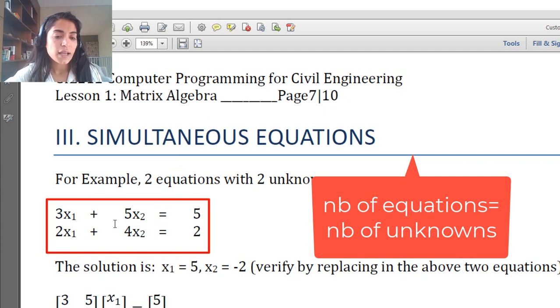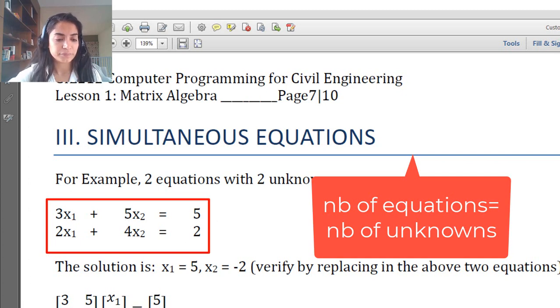So basically, guys, I have these 2 equations, and I need to solve them. So what should I do? Basically, you can, for example, multiply the second equation by minus 3 over 2, and then sum these 2 equations together. You can find x2, and then you can find x1.